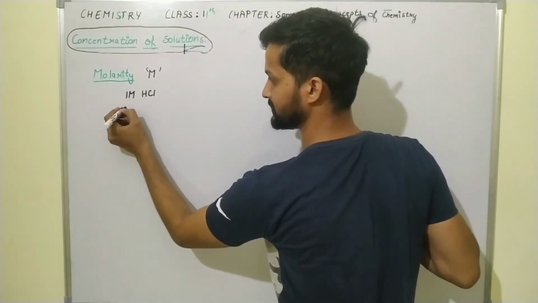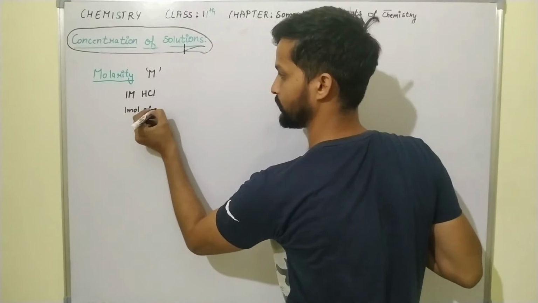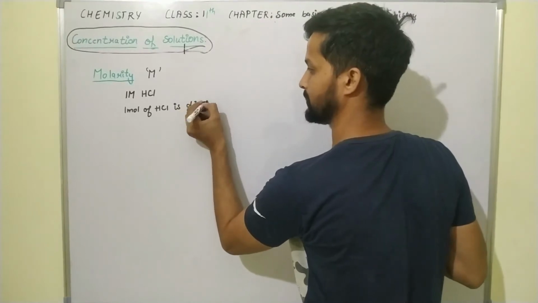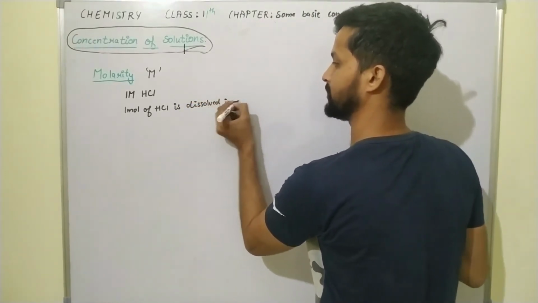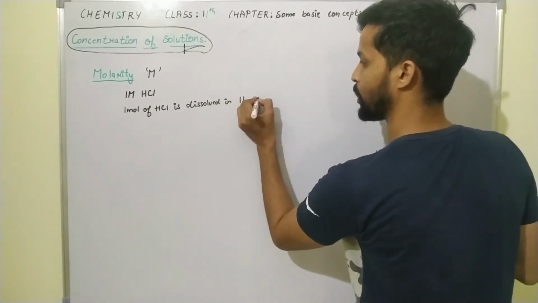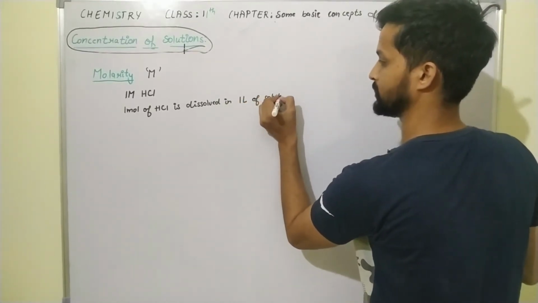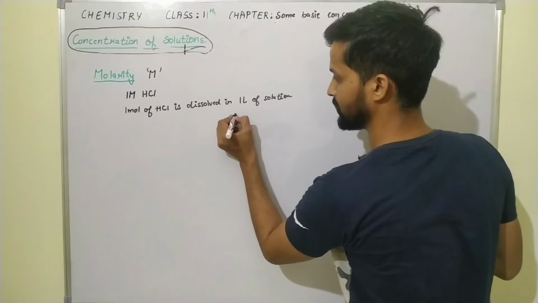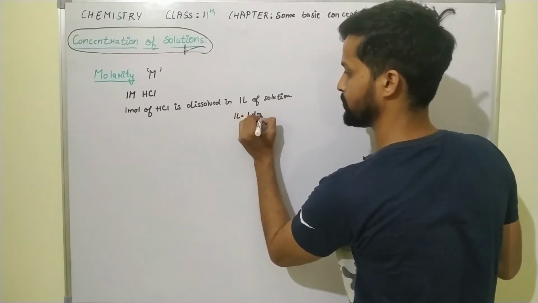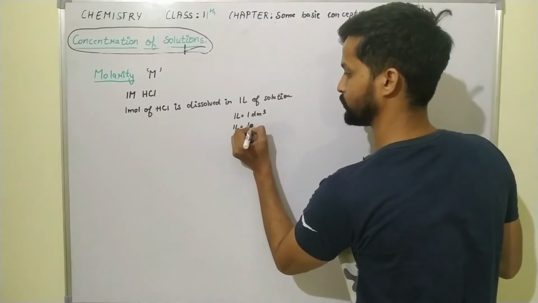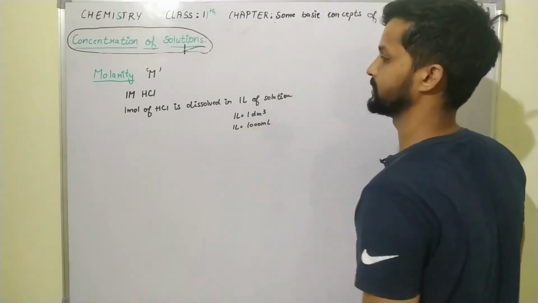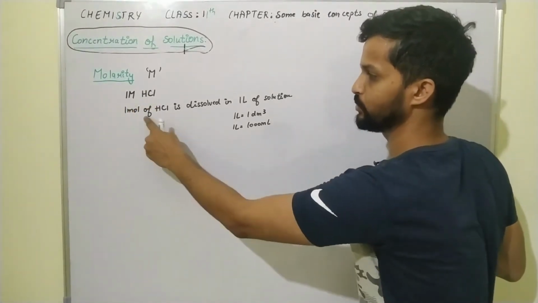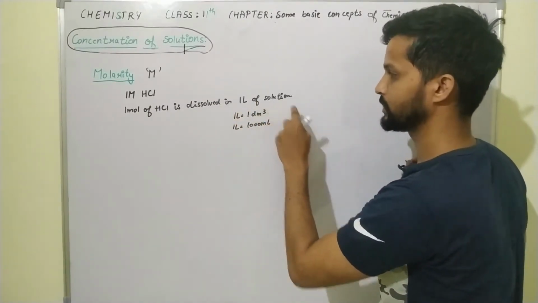It means 1 mole of HCl is dissolved in 1 liter of solution. Clear? Here 1 liter is equal to 1 decimeter cube, and 1 liter equals 1000 milliliter. So this is the meaning of 1 molar HCl: 1 mole of HCl is dissolved in 1 liter of solution.